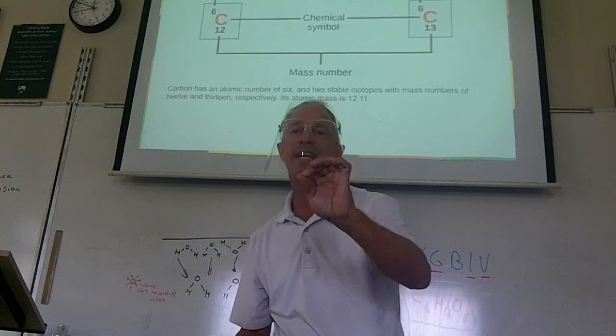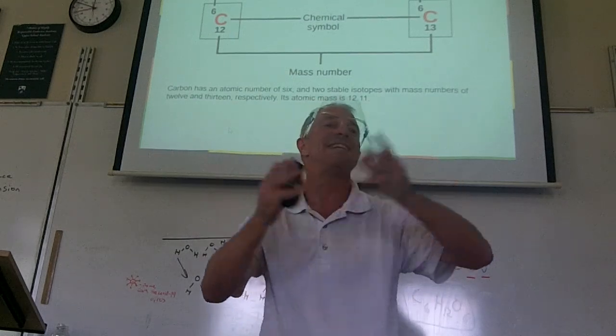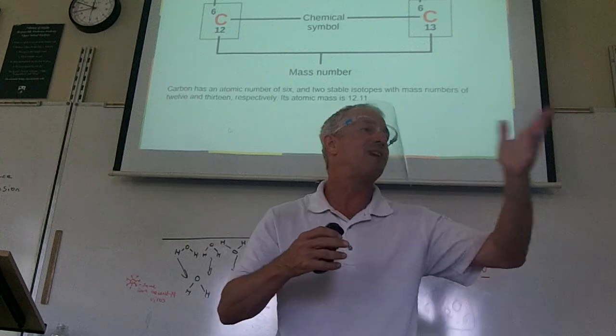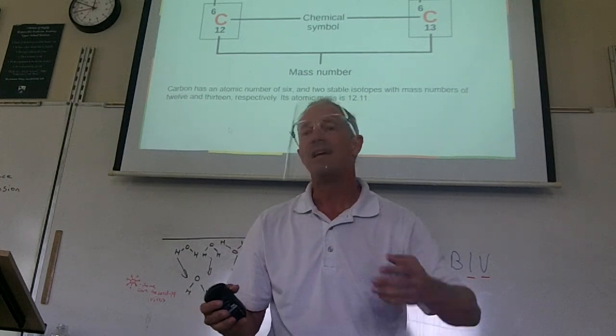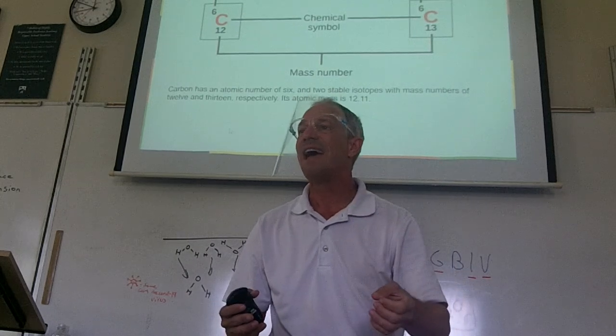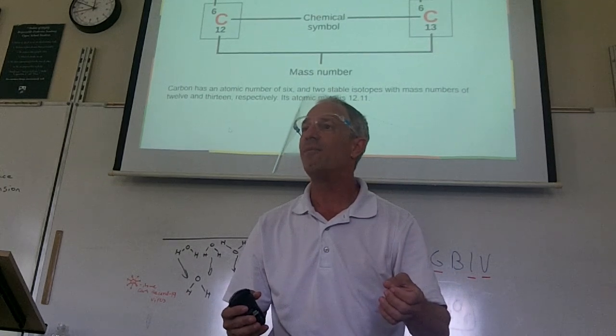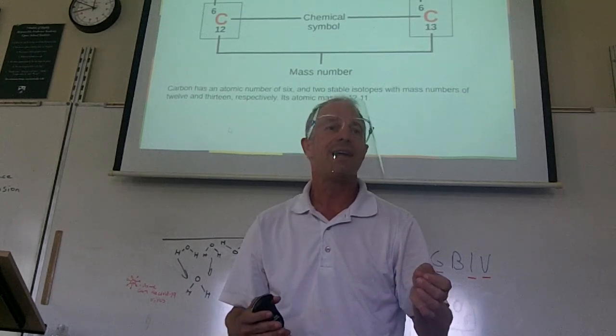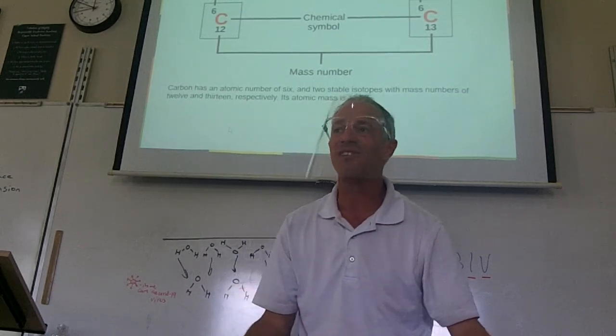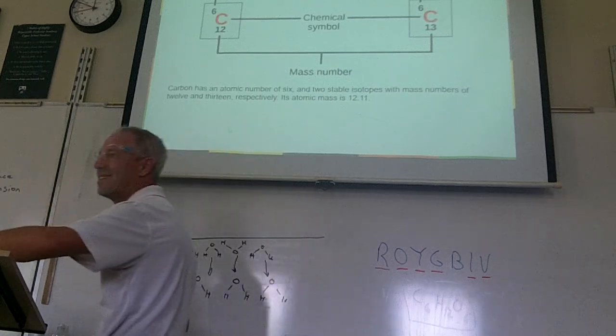And the carbon-14 that's in your bones will gradually decay and become nitrogen and stop being radioactive. And so they can tell how old bones are by how much radiation is left in the bones. It's called carbon dating.